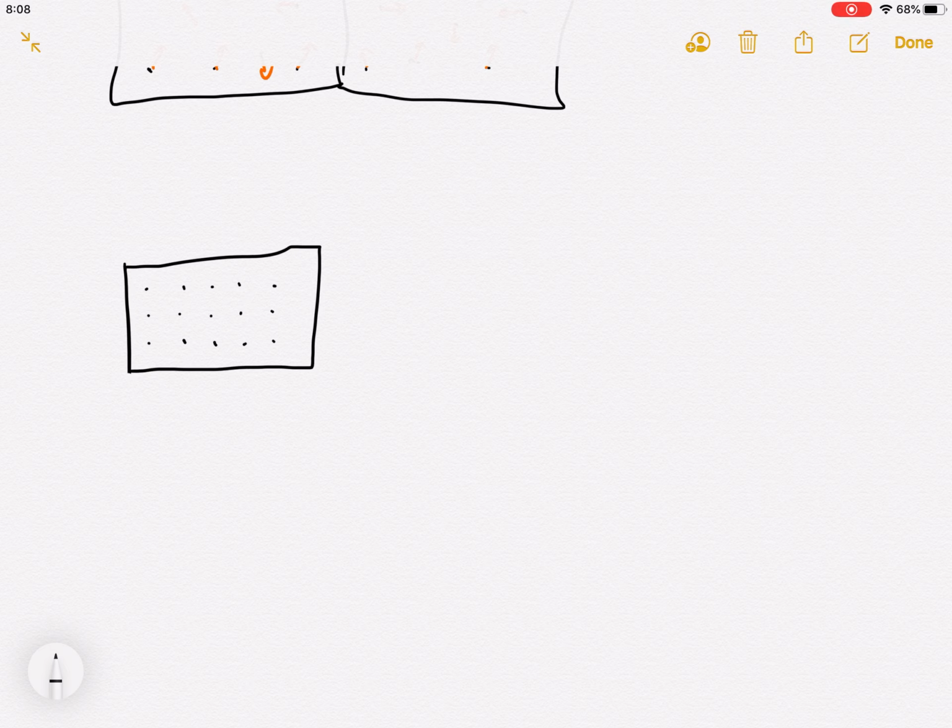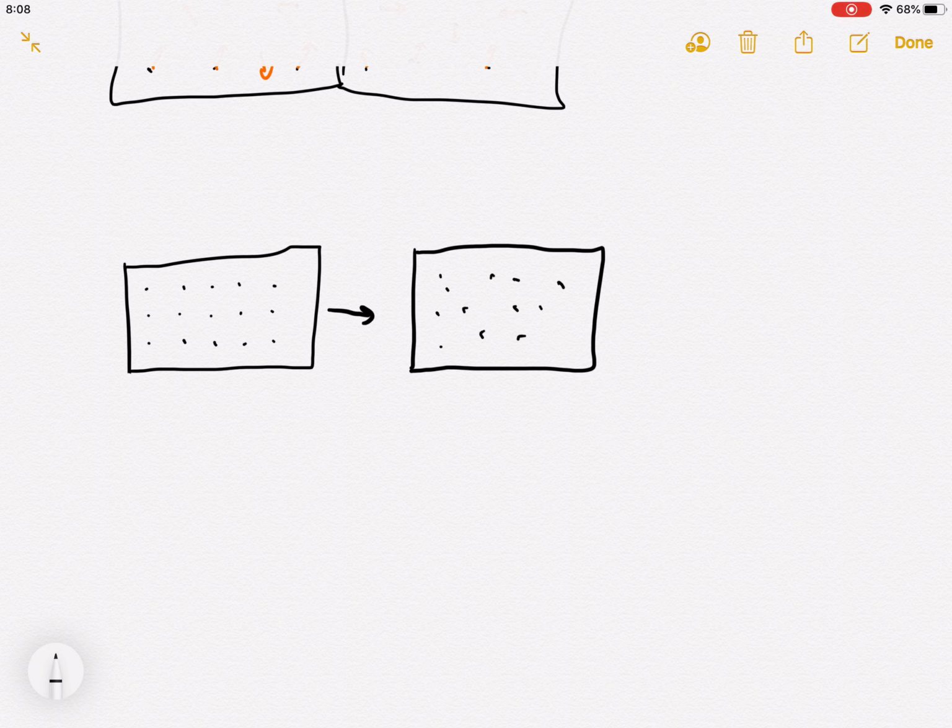And if I let this system evolve over some time, those molecules are going to be in different spots. The box on the left is ordered. The box on the right is disordered.